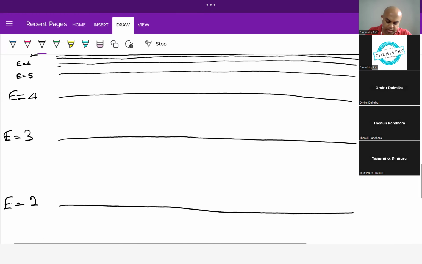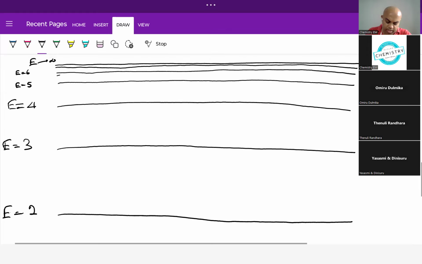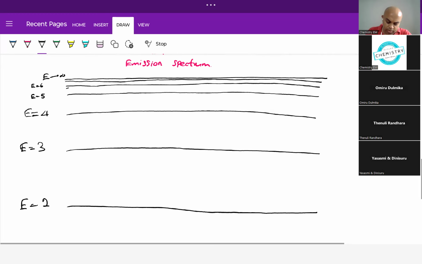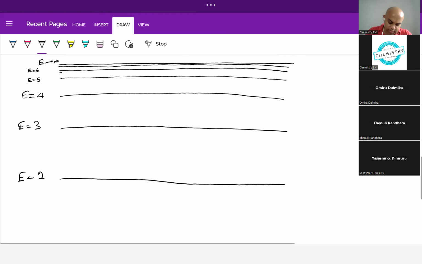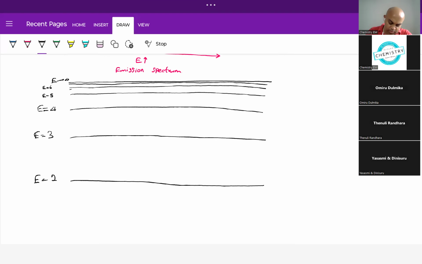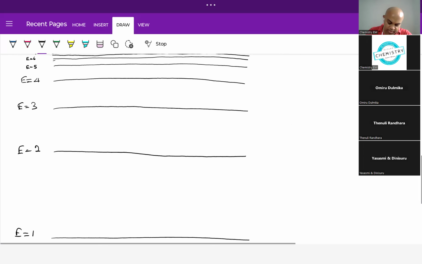Now electrons are in high energy levels and they are moving to low energy levels. So let me draw like this.